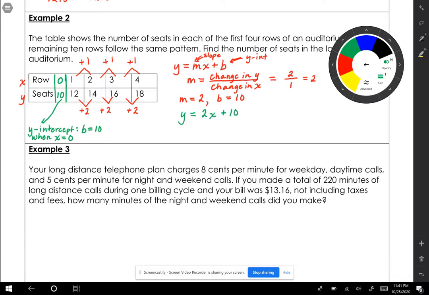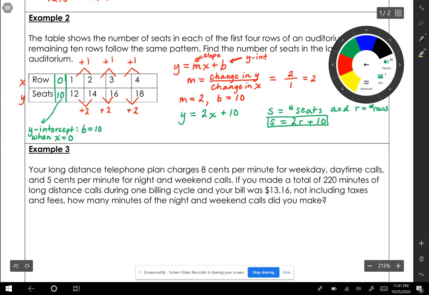And if we wanted to use real life variables where we called s as the number of seats and r as the number of rows, we could use s equals 2r plus 10. Totally up to you whether you want to use real life variables or if you want to stick to standard x and y.